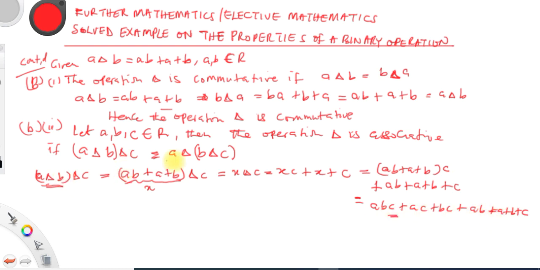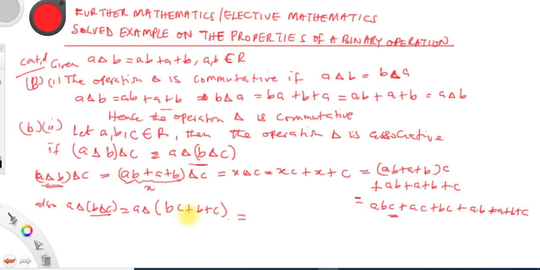Then we come to this one: A triangle into bracket B triangle C. So this is equal to A triangle, into bracket, BC plus B plus C. This is what we have.